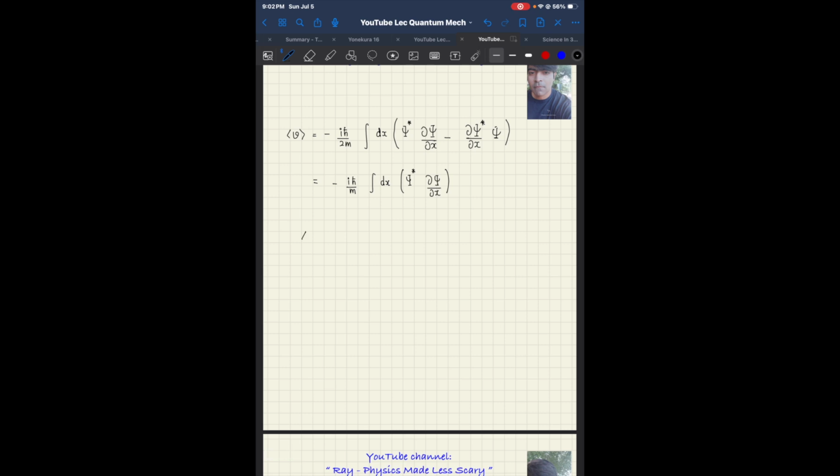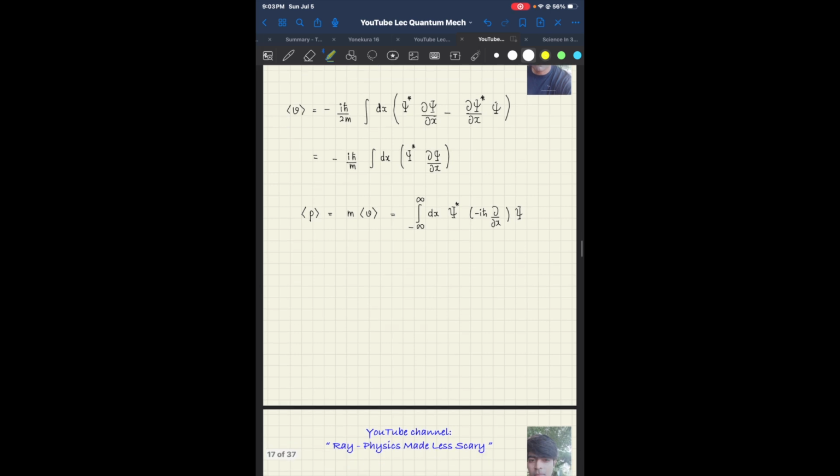Now we are almost done. So your p is m times the expectation value of v, and I already get a very nice formula for this, right? This is an important result, and this is one of the central results in quantum mechanics essentially.